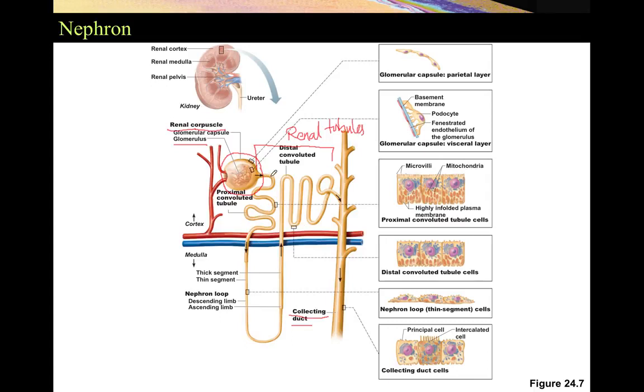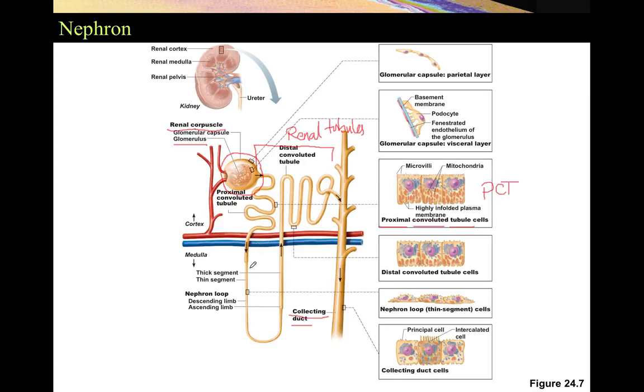The first part of the renal tubules, which is in proximity to your renal corpuscle, is referred to as proximal convoluted tubules, which are usually shorthand to PCT.